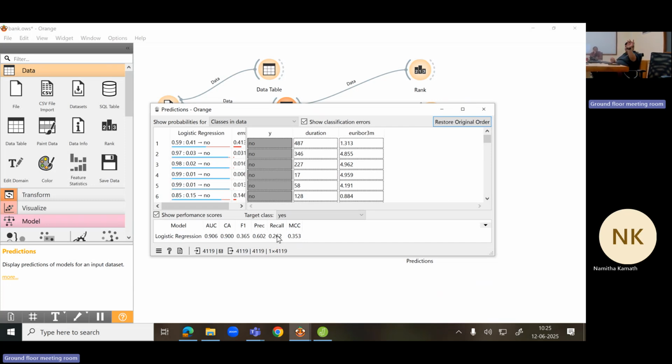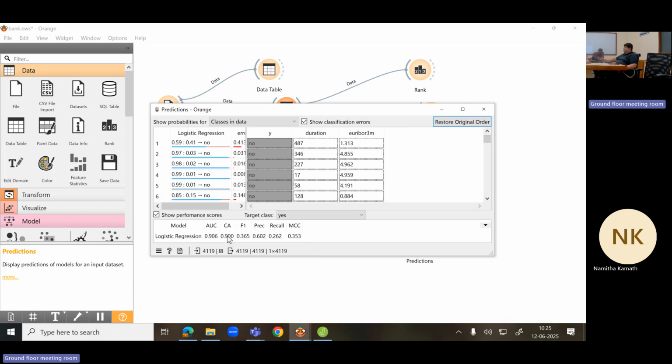Now this is where we have to see whether our model is accurate in terms of prediction. One way of immediately getting some idea is the classification accuracy. The CA is written there, right? That is classification accuracy, and it says it is 0.9.